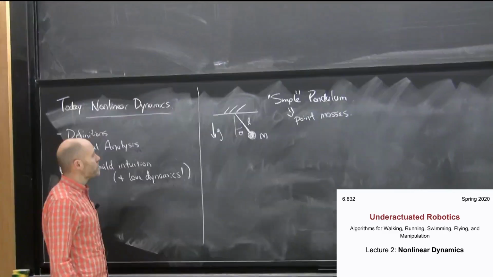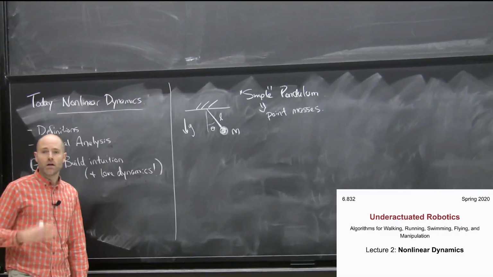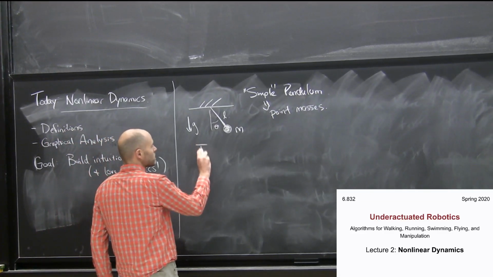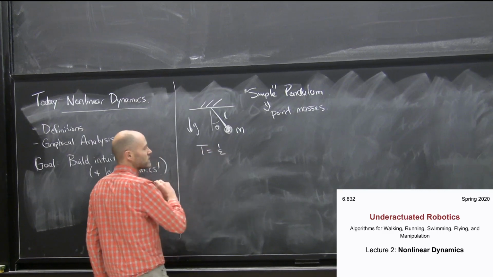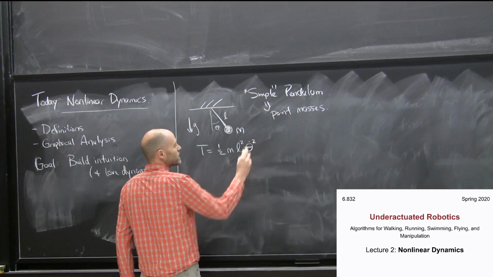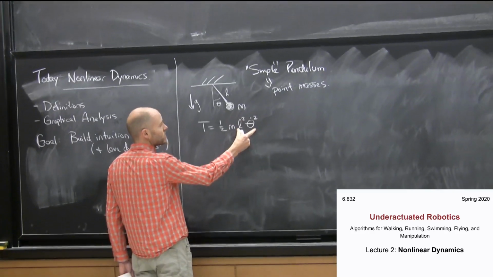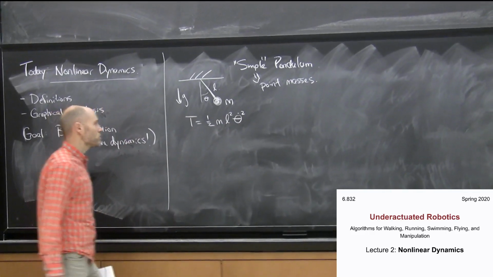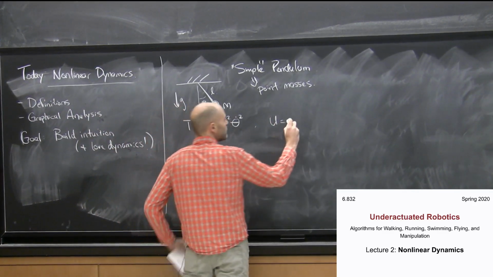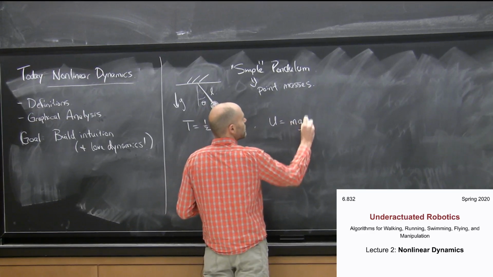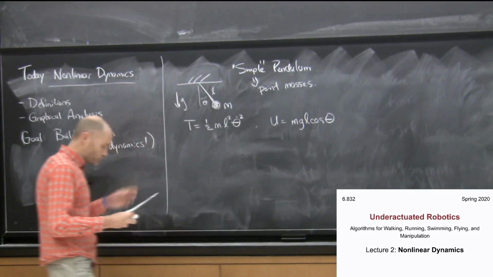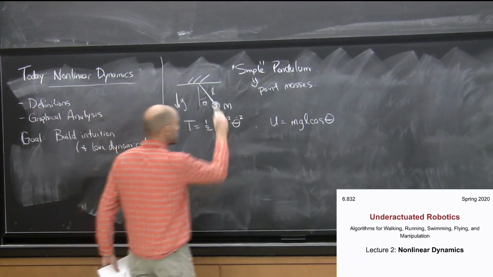Again, the equations of motion for this, there's just a recipe you can run through. In this case, the kinetic energy is 1/2 ml squared theta dot squared. That's what the velocity of this point is. The total potential energy is just mgL cosine theta, negative, I guess, the way I've drawn it.